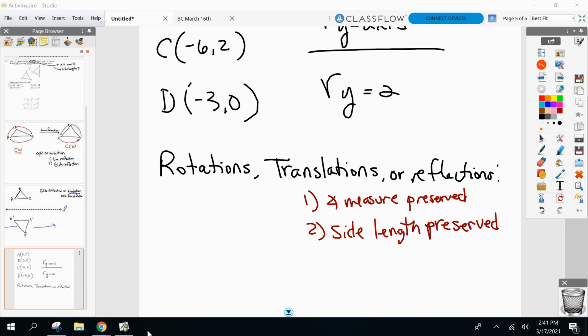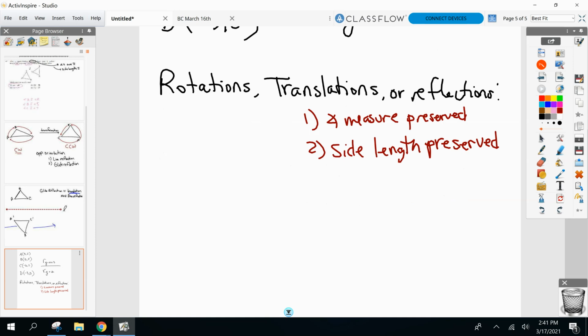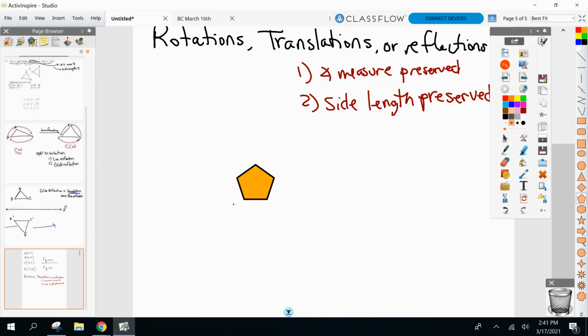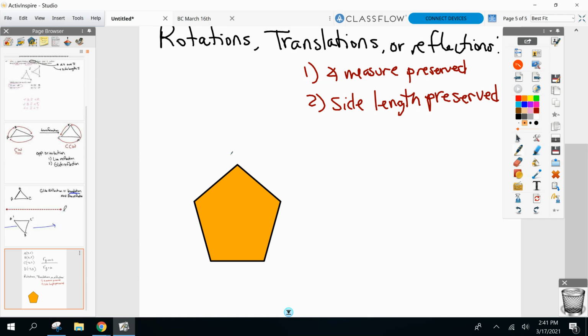Okay, one other thing I want to go over, and I'm just going over this because I did yesterday in our review too after school, so I just want to keep it fair. Let me get my regular pentagon out right now. Okay, here's my regular pentagon.